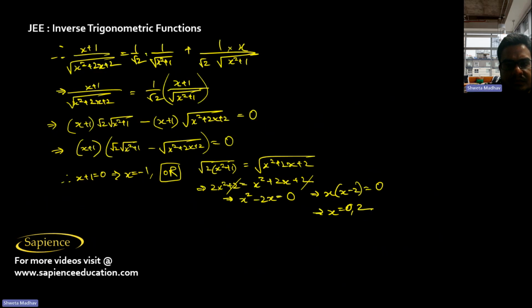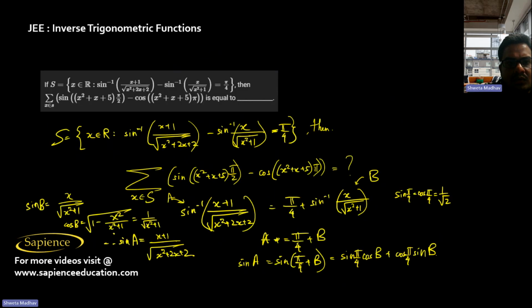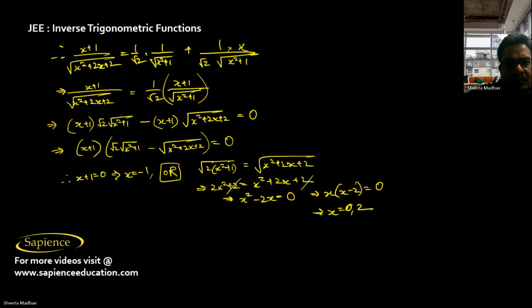So now if x is equal to minus 1, then this will be 0, this will also be 0, so the left hand side will be equal to the right hand side. If x is 0, then it will be 1 by root 2, and this will also be 1 by root 2. So the left hand side will be equal to the right hand side.